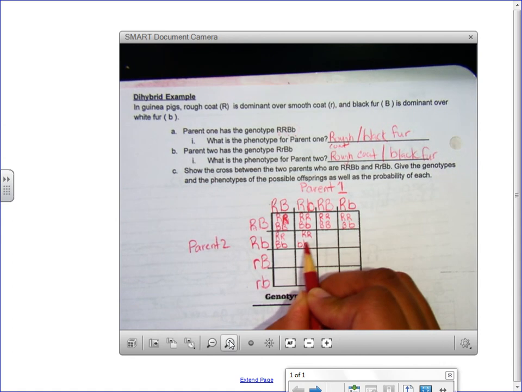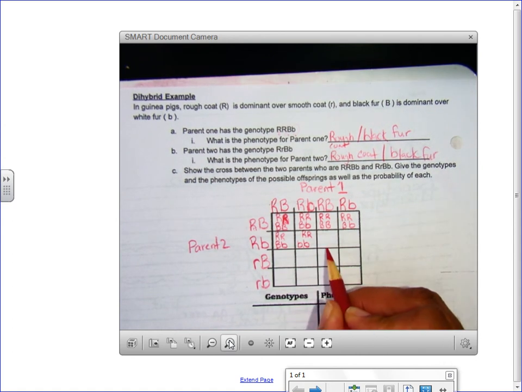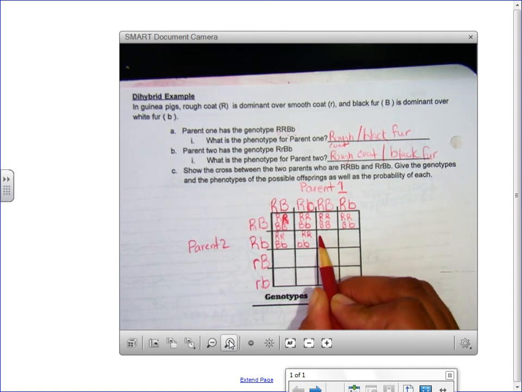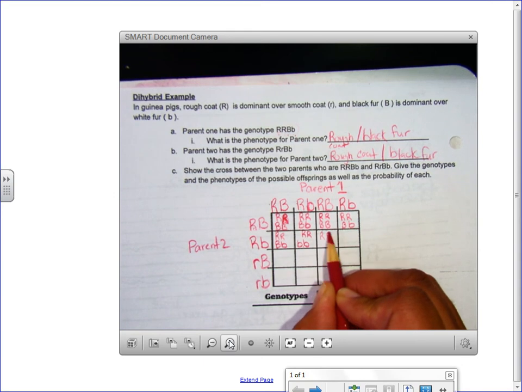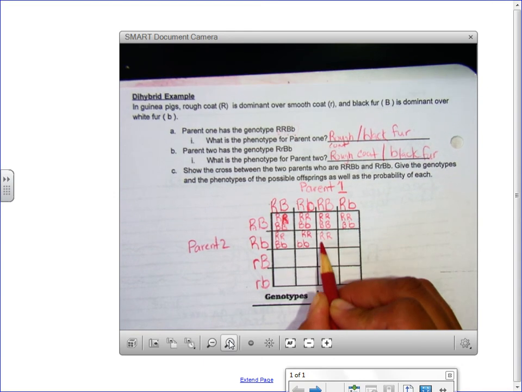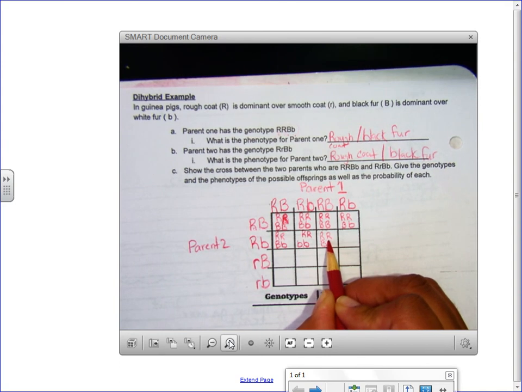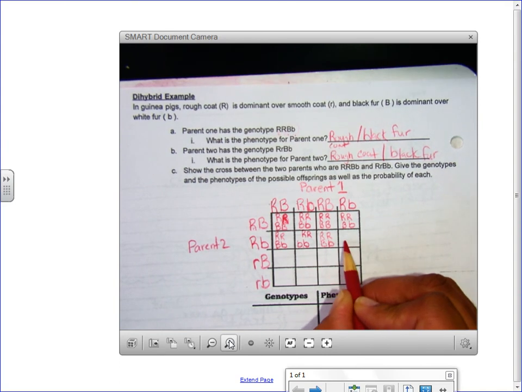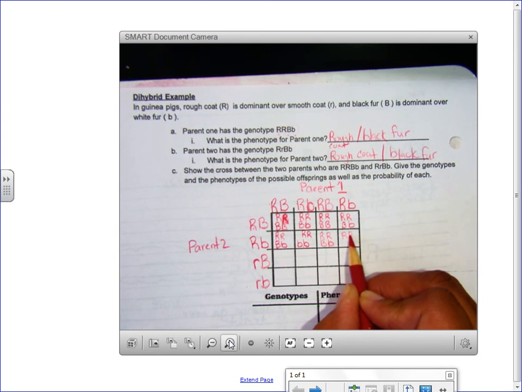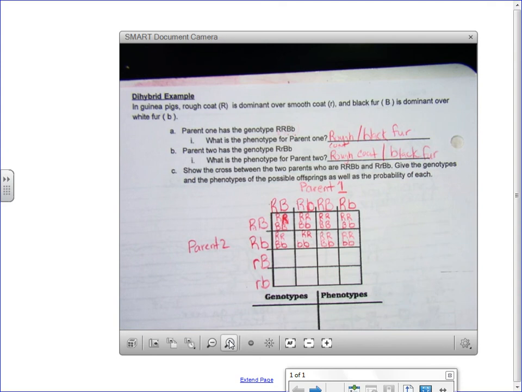Recessive B, recessive B. Help me out over here, Terrence. Dominant B, and recessive B. Vernon over here. Dominant R, dominant R, recessive B, recessive B.